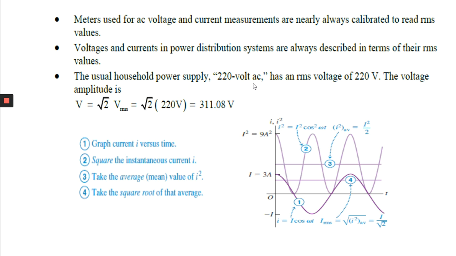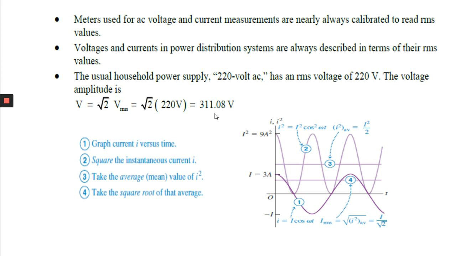The usual household power supply is 220 volt AC. As I have already told you, you are using this 220 volt AC. This has an RMS value of voltage 220 volt. That means what you are using is your RMS value. So what is the maximum voltage?